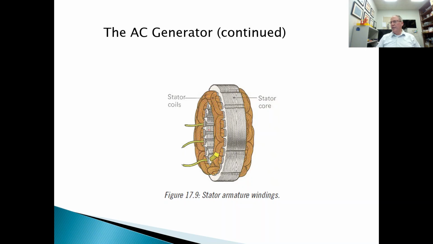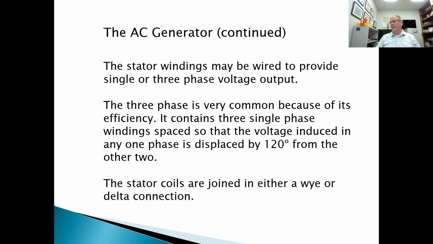So the rotor will move. So if you have a little power generator, the stator is here, and then you'd have your gas engine here, and it would rotate the rotor, which rotates inside of it, and it will induce a signal on your stator.